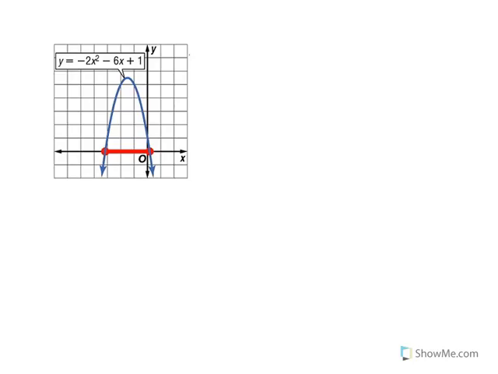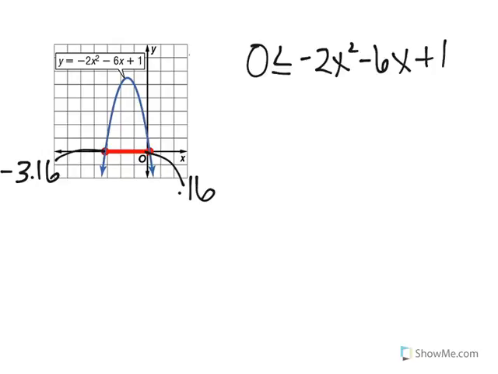Alright, so now we have our x values, and we can actually graph this on our calculators. And we get a graph that looks like this. We know that this point is about -3.16, and this one is about 0.16. And if we go back to the original equation, we are looking for where the function is greater than 0. So that means we want it to be above the x-axis, and that is from -3.16 to 0.16 on the x-axis.